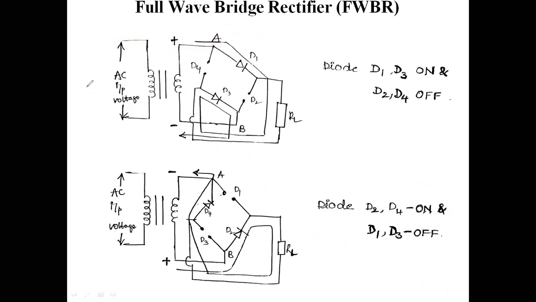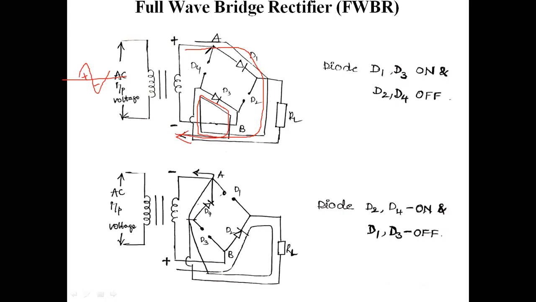For the positive half cycle, the AC input voltage is provided. The flow of current takes place from this A to diode D1, then to diode D3, and to the negative terminal of the battery.